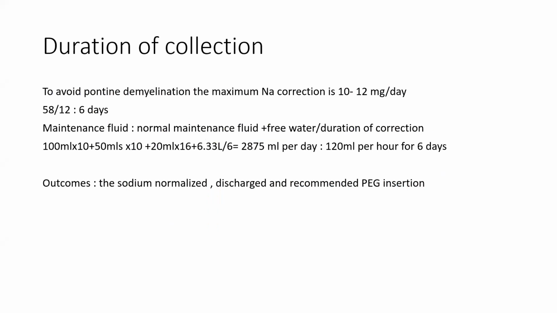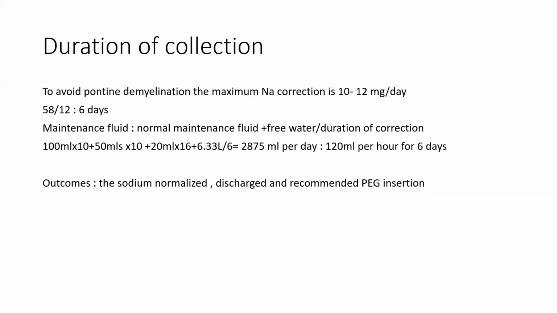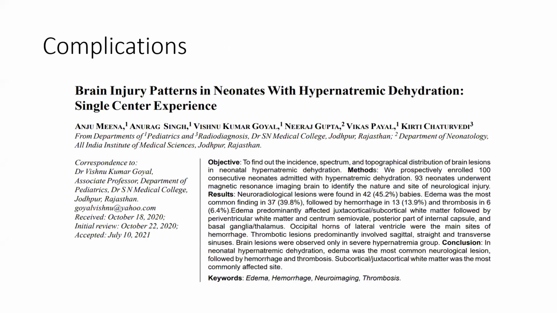So now, what are the complications? The complications of hypernatremia are so many, but it depends on the severity, and also on how old the patient is, and also on the underlying conditions.